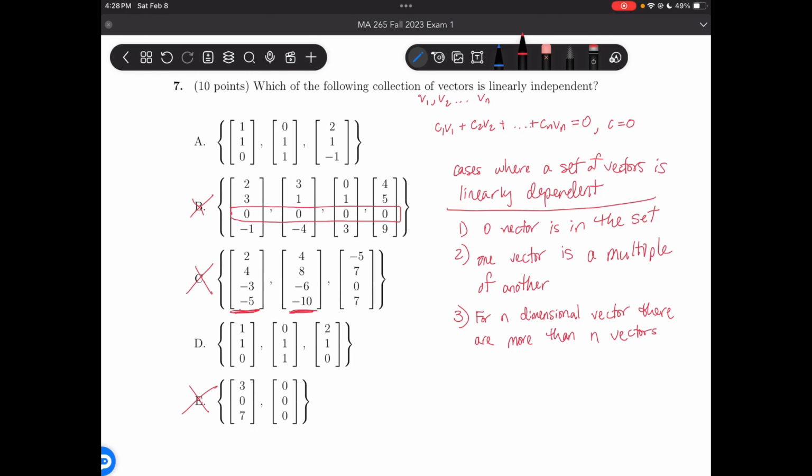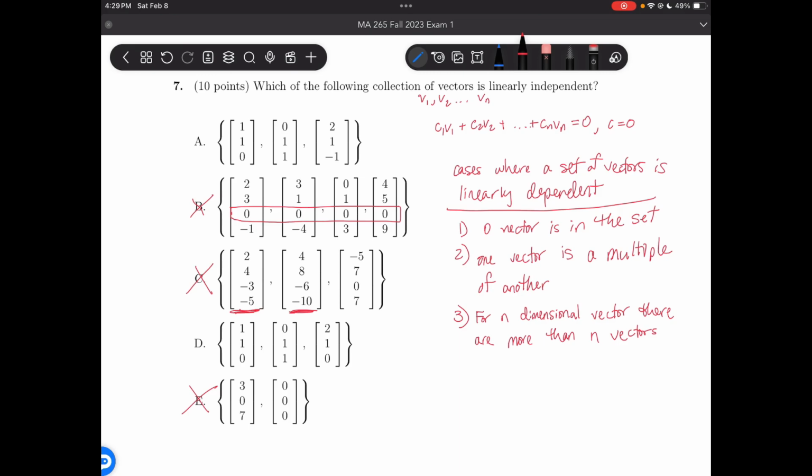Since the third value is 0 for each of these vectors, it's kind of like we only have 3 dimensions now, but 4 vectors in our set. And since we have 3 dimensions, the greatest amount of linearly independent vectors we could have in that set would be 3. But we have 4, which means our set is linearly dependent. That's why B is not a solution either.